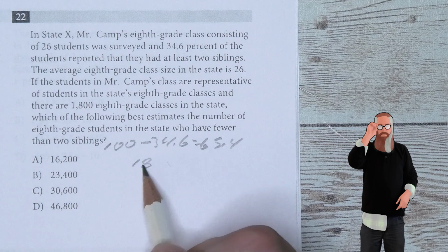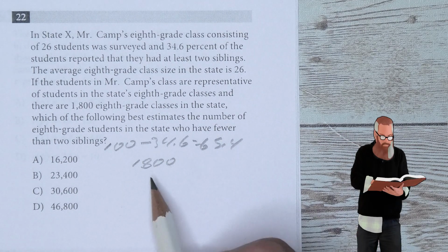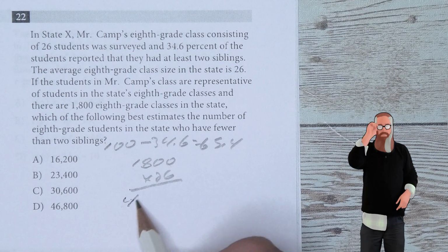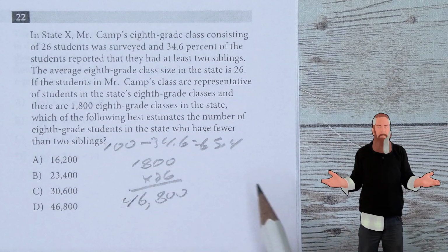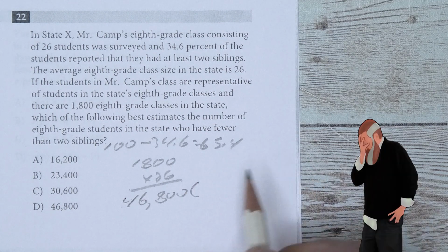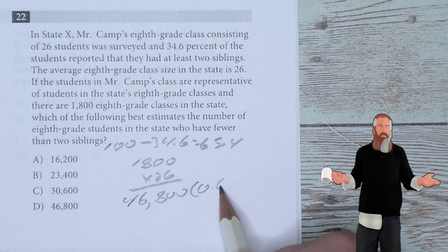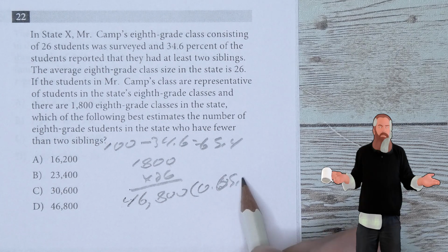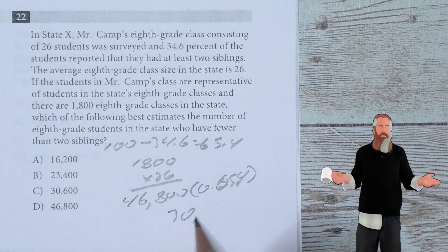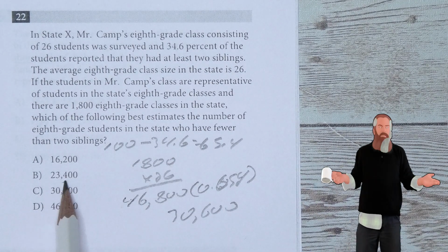Now, when it comes to the number of students, we have 1,800 classes times 26 students per class gives us 46,800. If we multiply this by the percent, 65.4, which is 0.654, then we're going to get 30,600, which is C.